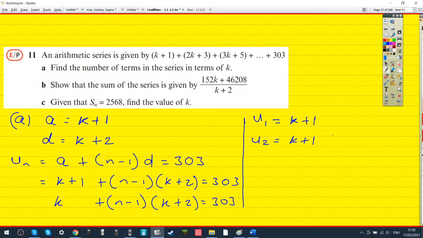Oh, I'm a moron. In terms of K. Yeah, so we can't solve it. You just make n the subject basically. So what would that be?